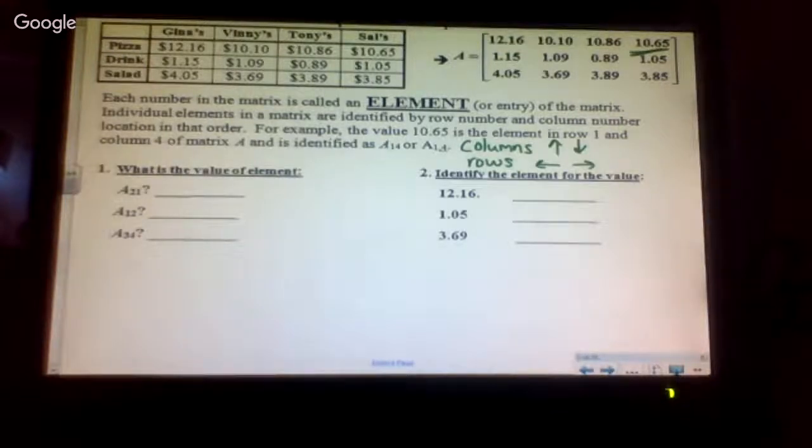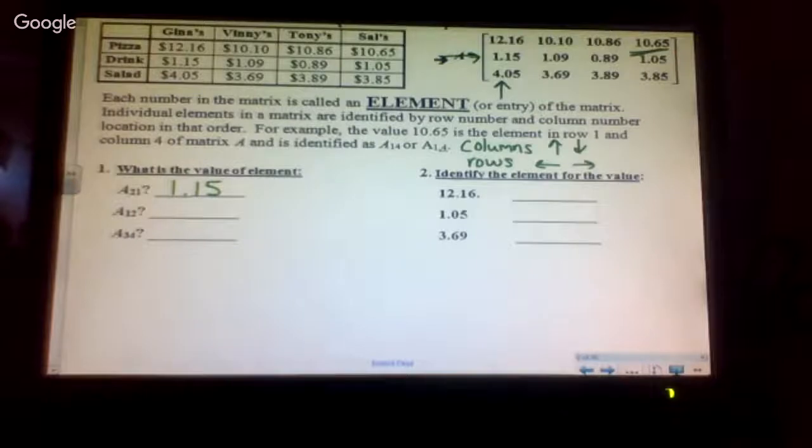What number is there? 1.15. Row 2, column 1. Where do those two intersect? Okay. What about A sub 1,2? 10.